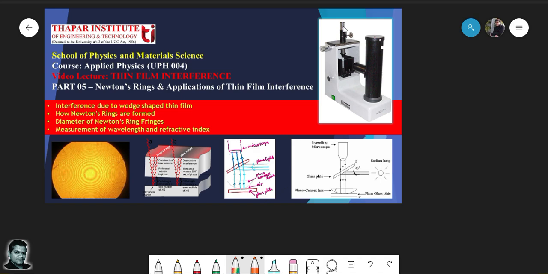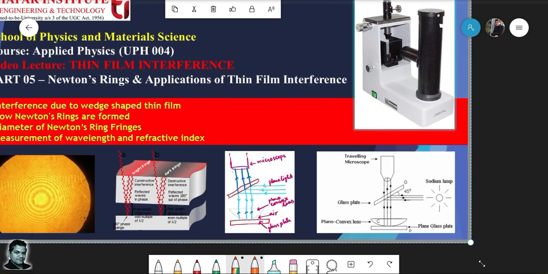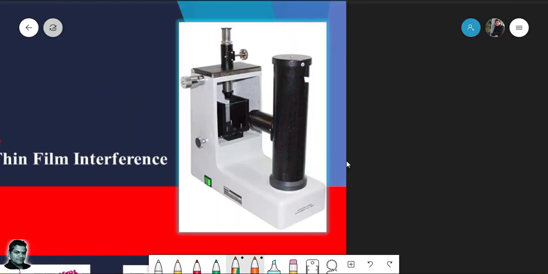So here is an actual snapshot of a Newton's ring setup. This is the sodium lamp. From here the light goes into this setup, and this plano-convex lens setup is right here. This is the glass plate. Here is a bigger version of this same photograph, where this is the sodium lamp and this switch is to power on the sodium lamp.